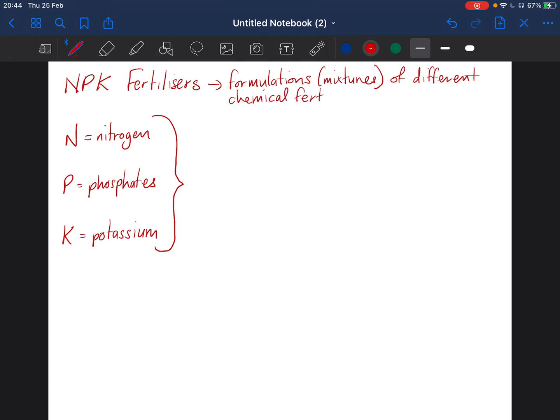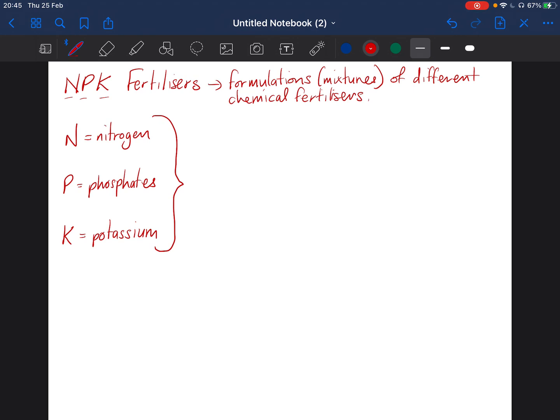Now, we make the formulation depending on how much of each thing that we want. So we've got nitrogen, we've got phosphate, and we've got potassium. And that's what stands for the N, the P, and the K in our NPK fertilizers. And the reason that we've actually done this is because each of these three things is important for plant growth, especially for healthy plant growth.